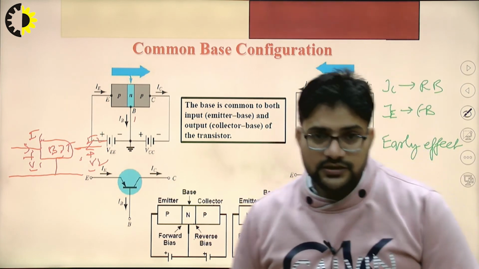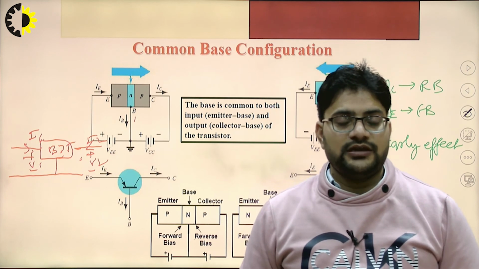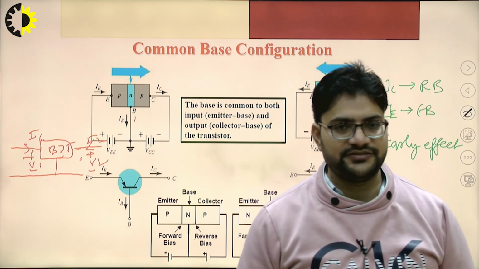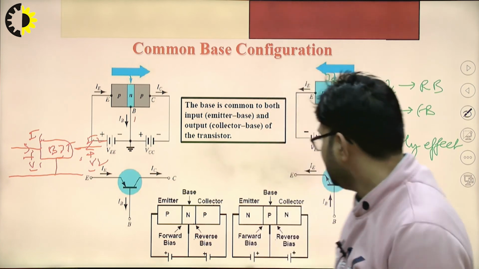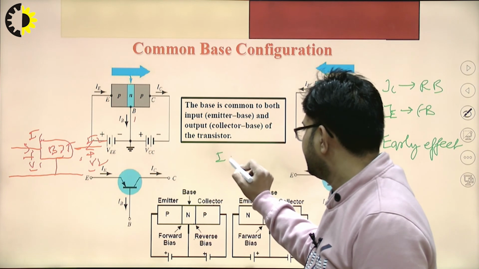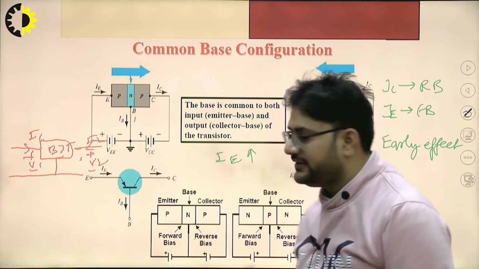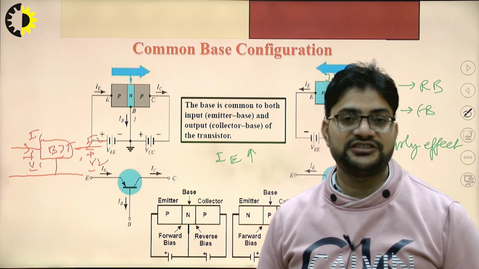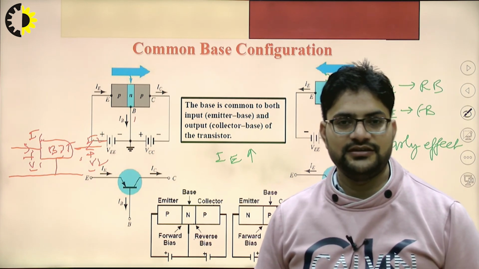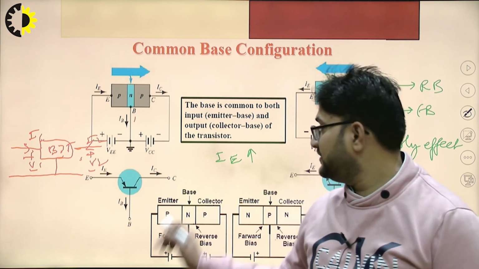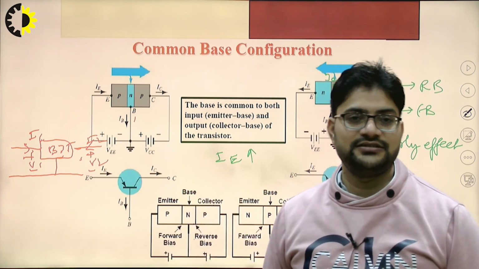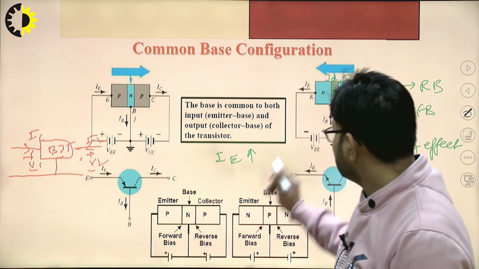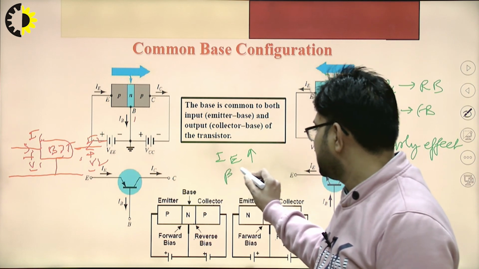So what are the changes in the circuit due to this early effect, right? First change is IE increases. Your emitter current will increase drastically. A point will come when this emitter current will be large, such that it may lead to damage of this transistor, right? Next effect is beta value increases.